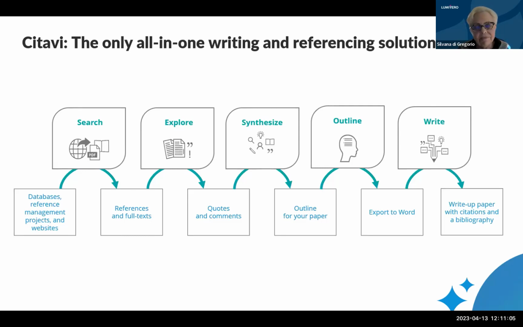But I'll be showing you how it also links up with any databases that your university or organization has to pull in what you need, both the references and the full text.